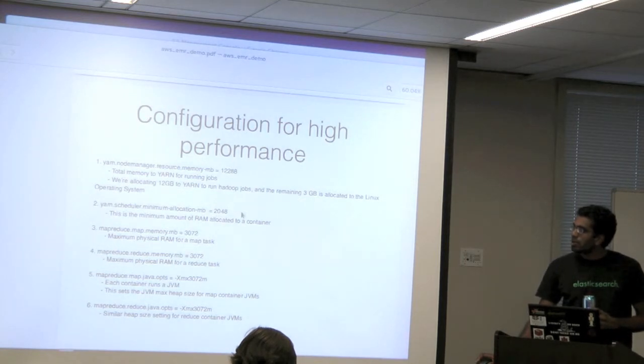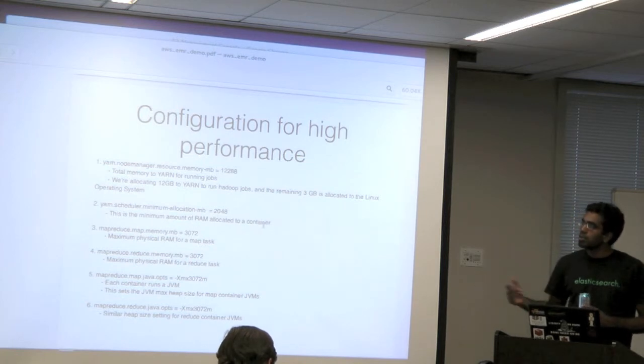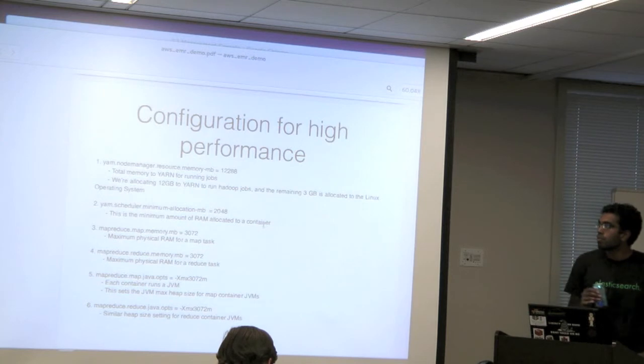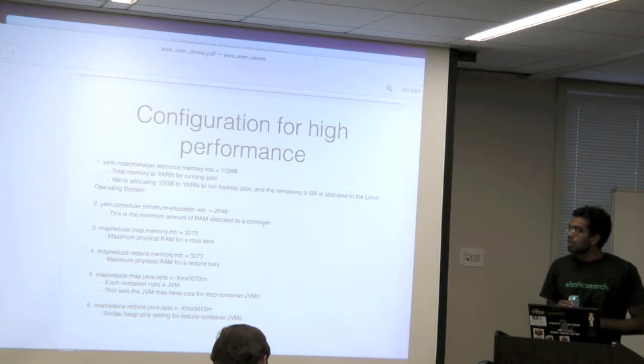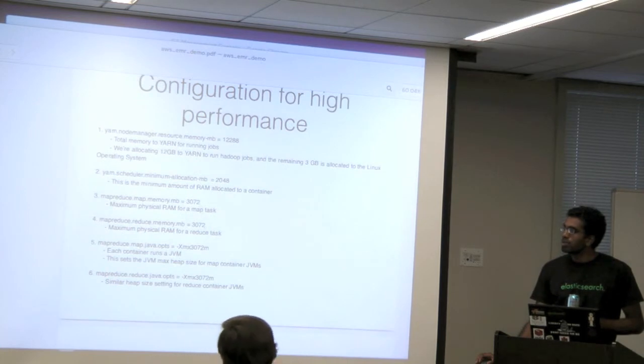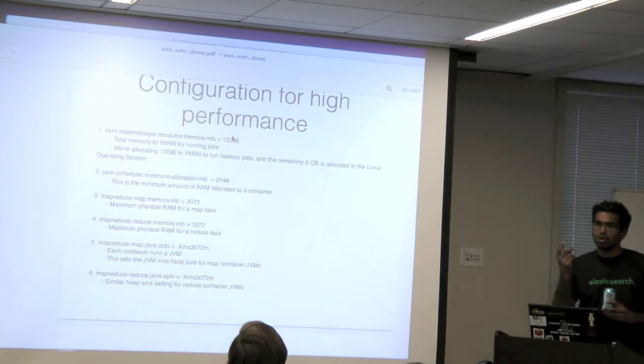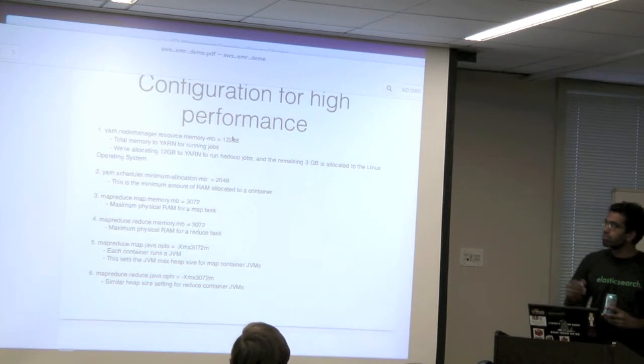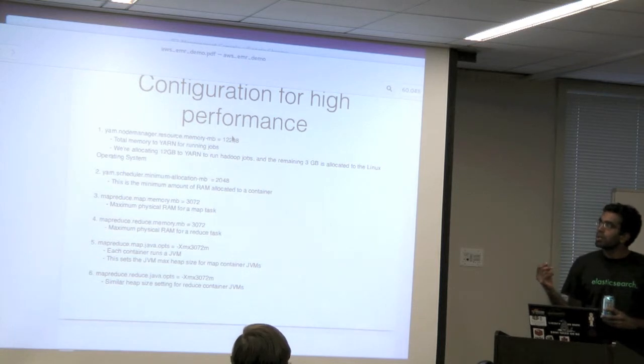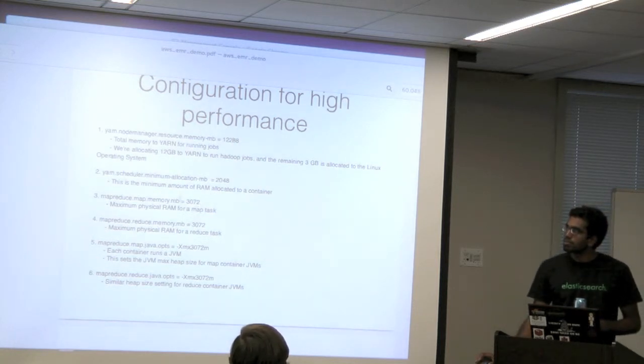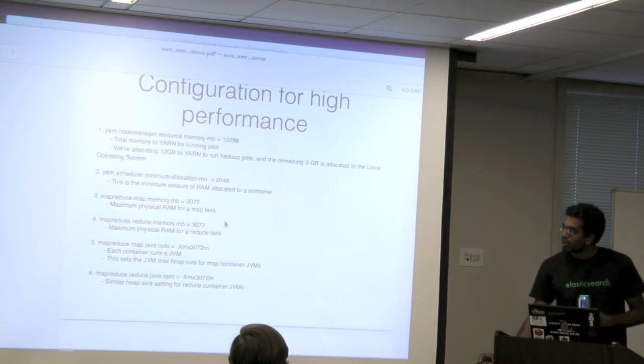For the YARN scheduler, to each container which runs a MapReduce job, you allocate a minimum of 2048 megabytes. Then each map container gets 3072, which is 1/4 of 12288, where 4 is the number of cores in the computer. If you want to run 4 containers per node, each container on a single CPU, then you allocate each container 1/4 of the total memory. Kind of makes sense that way, right?